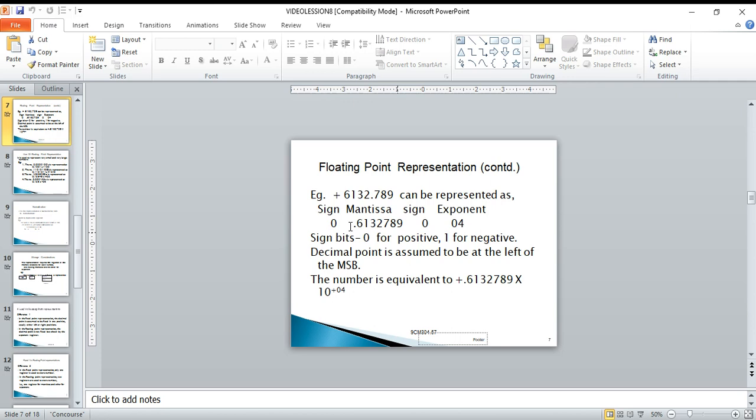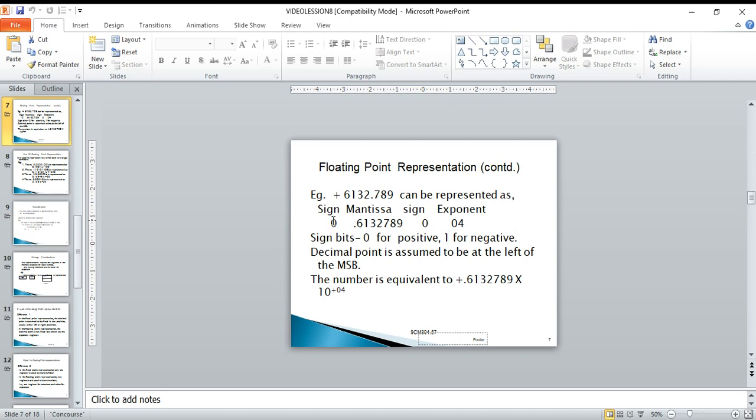So 0.6132789, and then e to the power of 04, where 04 is a plus value.